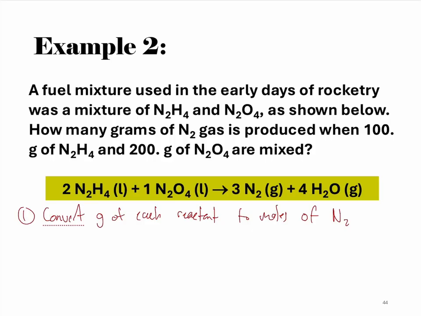So that means for N2H4, where we start with grams of N2H4, we convert that to moles of N2H4. We convert that then into what?